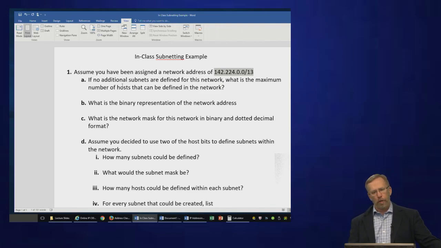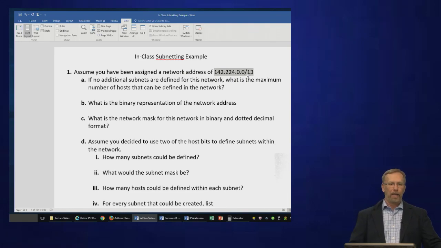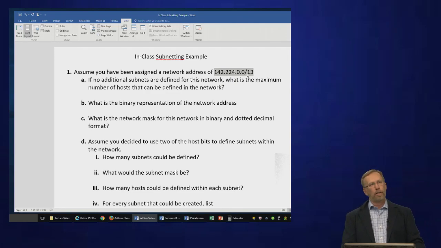Let's assume that we've been assigned a network address of 142.224.0.0/13 by our ISP. So first, let's think we're not going to subnet it. Let's figure out how many IP addresses are available on this subnet that the ISP leased to me.